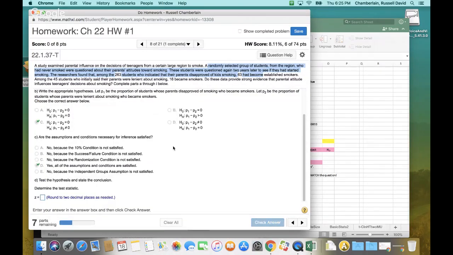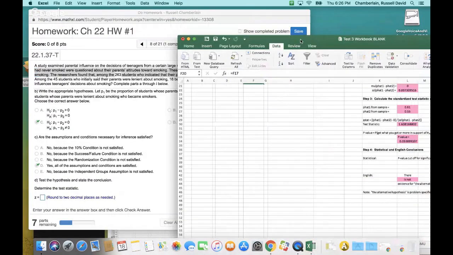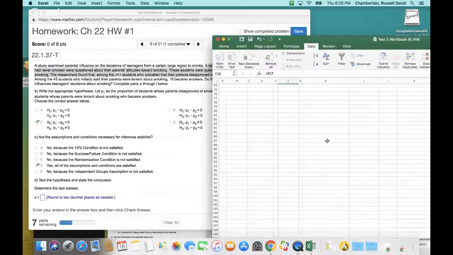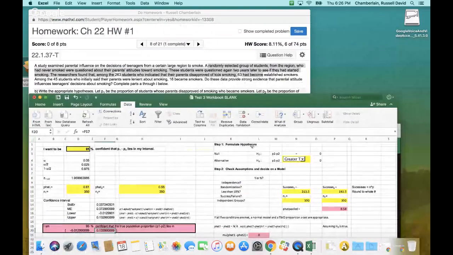Test the hypothesis and state the conclusion. So determine the test statistic, first step. Okay, let's run with it.